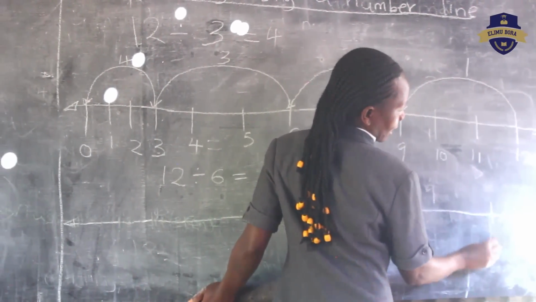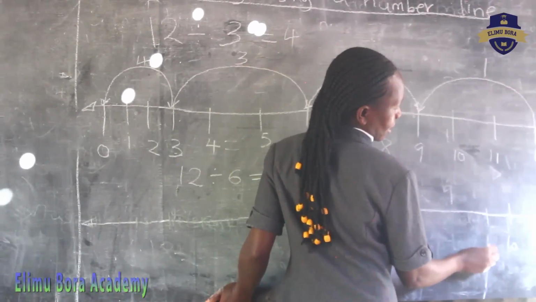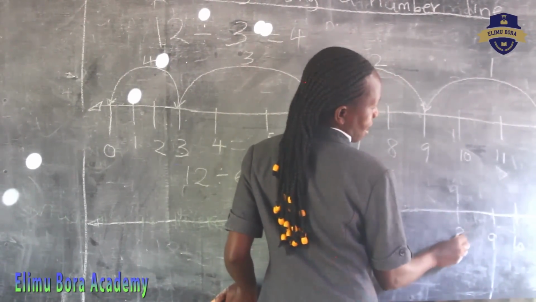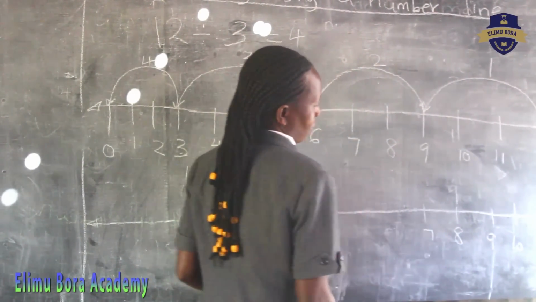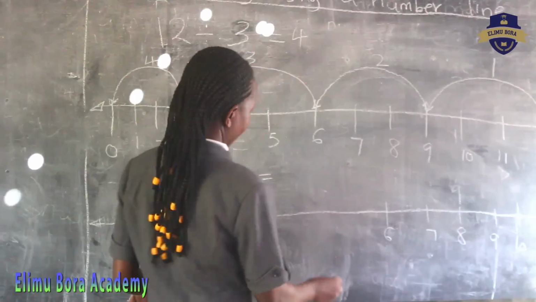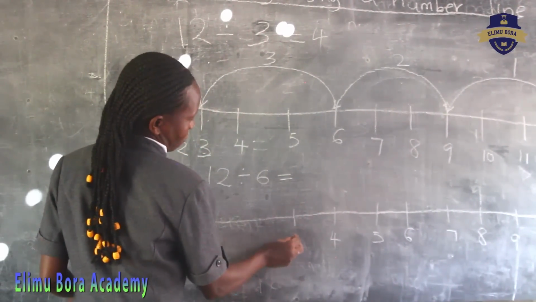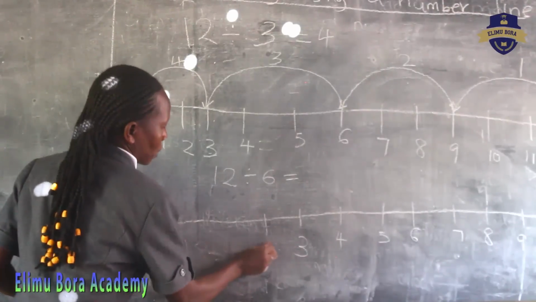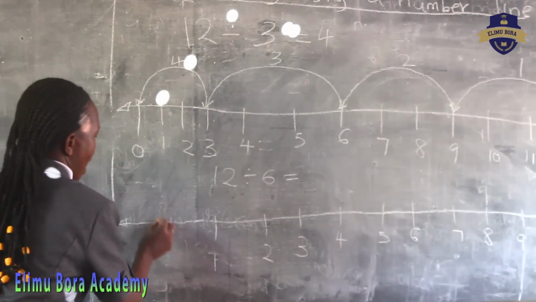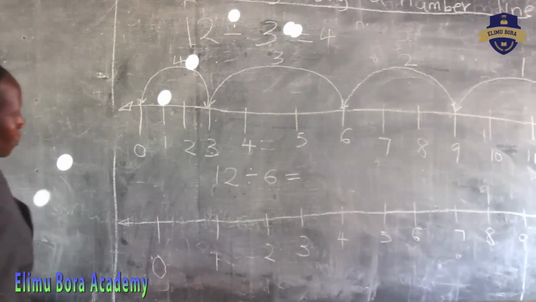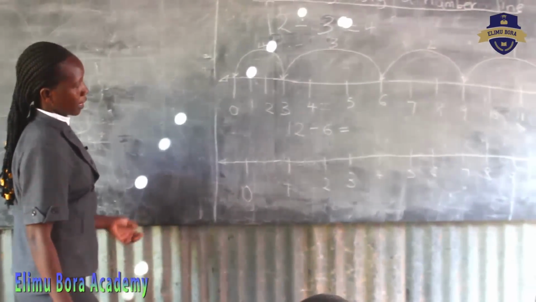11, 10, 9, 8, 7, 6, 5, 4, 3, 2, 1, 0. Next step.